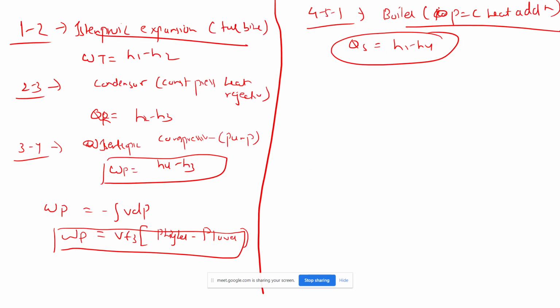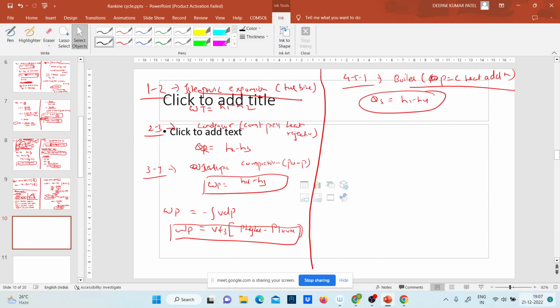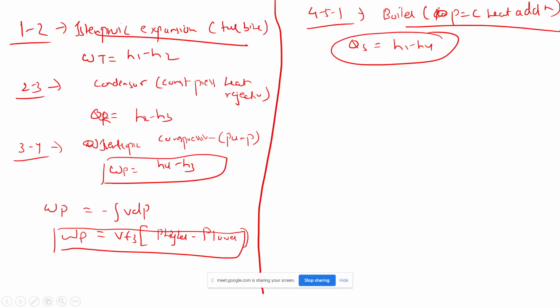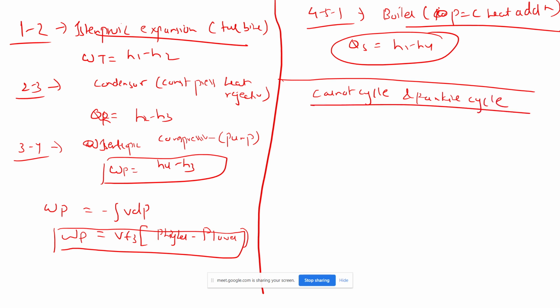Okay. So can anyone of you tell which of the two cycles I have discussed, the Carnot vapor cycle and the Rankine cycle, both are vapor cycles.